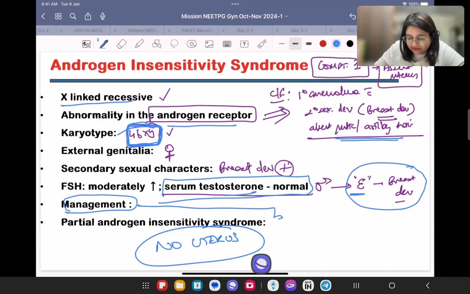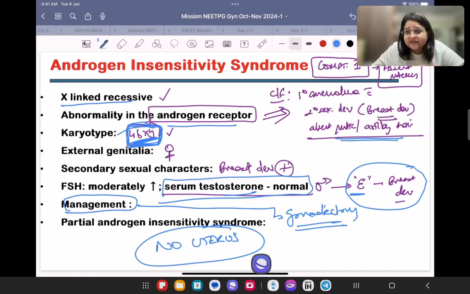In management, whenever you have a 46XY individual, you have to do a gonadectomy because these dysgenetic gonads have a 20% risk of malignancy. Somebody's asking, why is external genitalia female? Because testosterone is unable to act on the receptors. So male external genitalia doesn't develop, and the default pathway is that of a female.